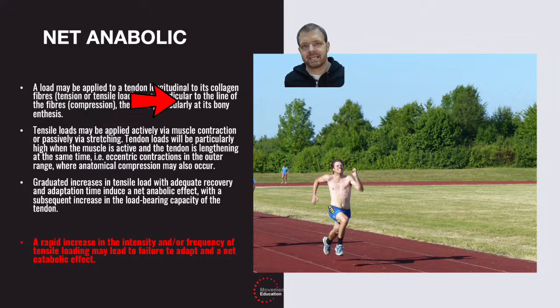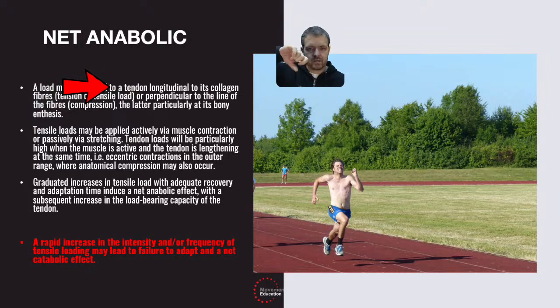The latter particularly at its bony enthesis, where the tendon attaches to the bone, that's called the enthesis. So a load may be applied to a tendon either along it or across it, with a stretch or a load through it.